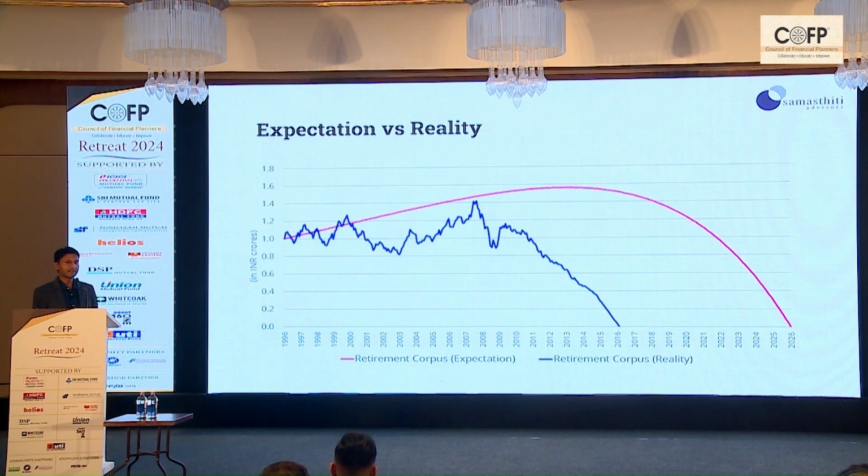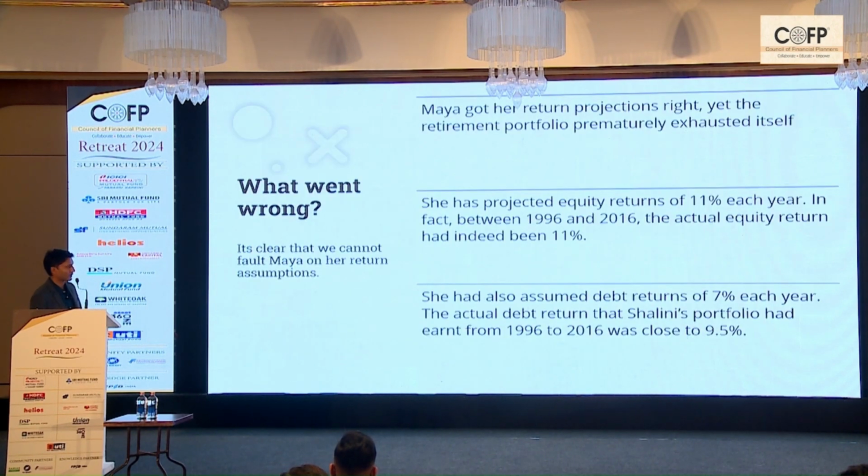So at the age of 80, when financial security should have been the least concern of Shalini, she's left with the prospect of staring at a lower retirement corpus. So this is why factoring sequence of return, factoring volatility in retirement planning is so important.